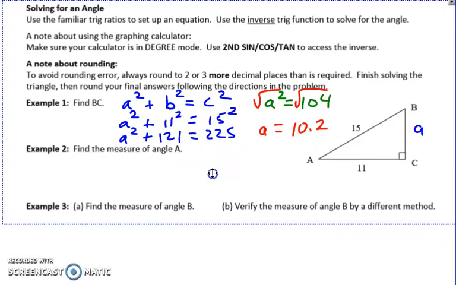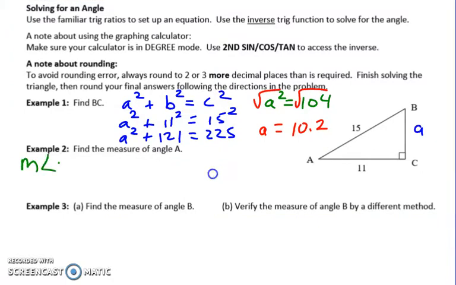So now to find the measure of angle A, this is where we're going to use the inverse trig function. So the measure of angle A, knowing that the adjacent is 11 and the hypotenuse is 15. So if we know the adjacent and the hypotenuse, we can use cosine. So we can say the cosine of A is equal to 11 divided by 15.